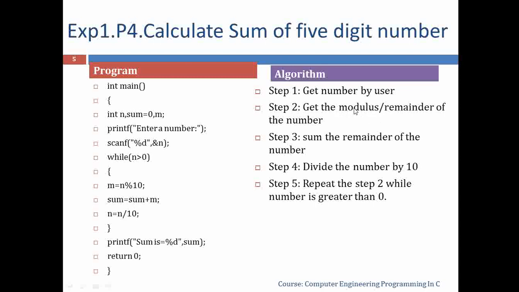By using modulo operator, we will get the second remainder and that remainder add into the sum variable, then 2-digit number divided by 10 and get one number and this one number process in step number 2 and get 1-digit remainder and that remainder add to the sum variable.